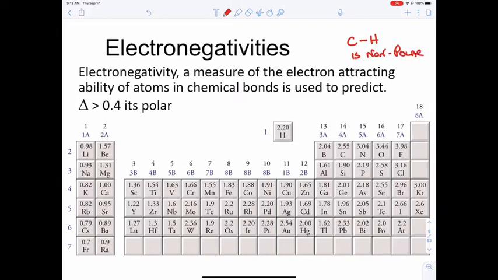So whenever you have dissimilar atoms, it's going to be polar. For example, HCl is going to be polar, HF is going to be polar. But carbon to hydrogen is going to be non-polar. Why? Carbon has an electronegativity of 2.55 and hydrogen is 2.2. 2.55 minus 2.2 is less than 0.4, so this would be a non-polar bond.